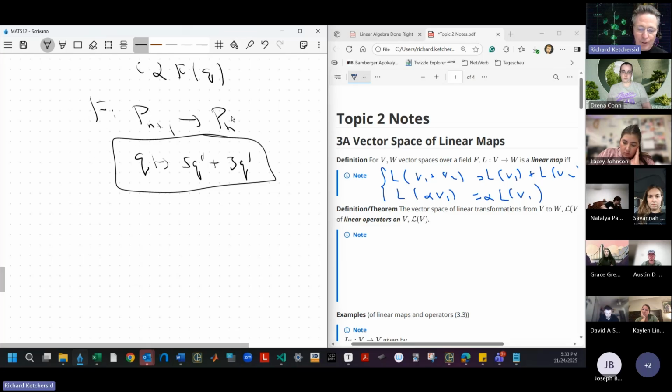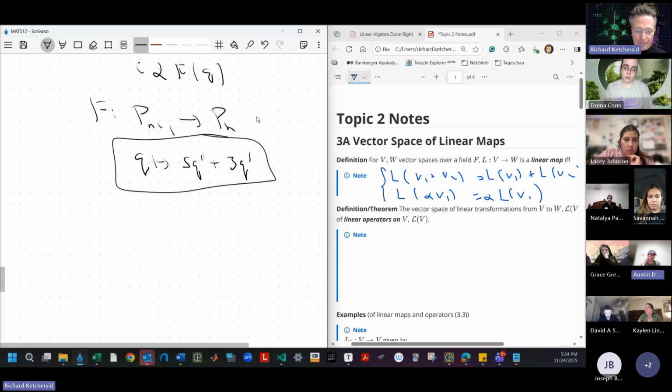So now how can I show it's onto? We want to show that any p from here is one of these things. How can I show that a linear function from one vector space to another vector space is onto? Can you define onto? Yeah, it means the same as surjective. Yep, surjective.